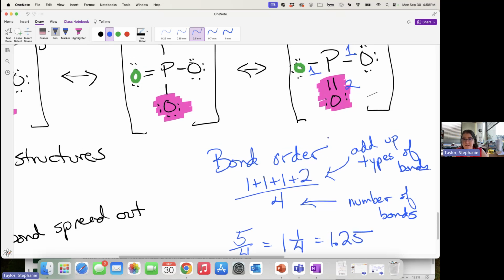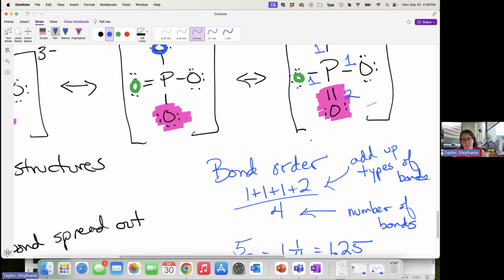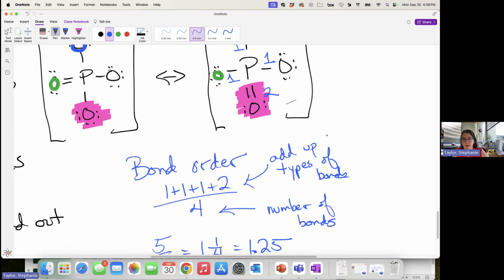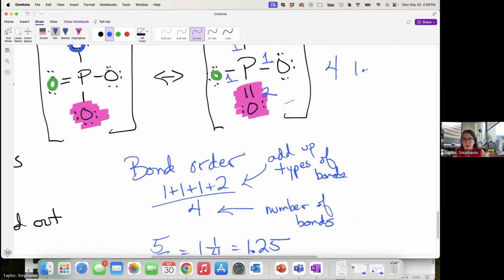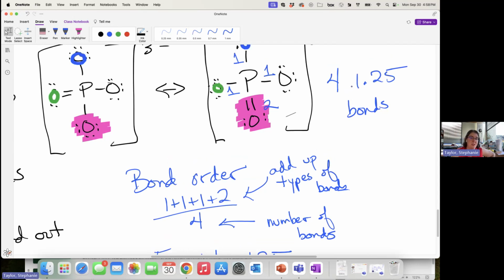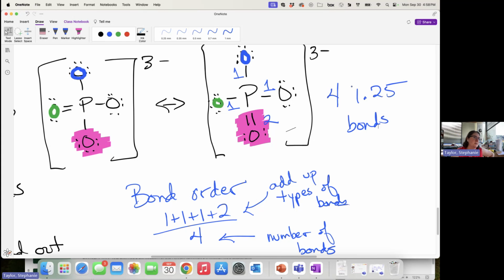So I don't have single bonds and a double bond. I actually have 4 1.25 bonds is what I have. So I have 4 bonds that are not single bonds and are not double bonds. They're actually 1 1/4 bonds.